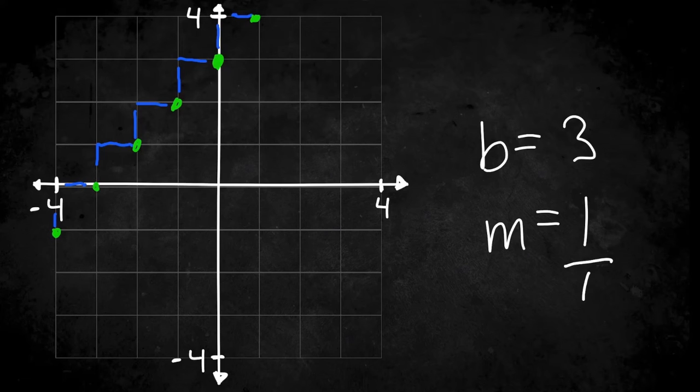Right? So now we draw a line through it. And we have now graphed where b equals 3 and the slope is 1.